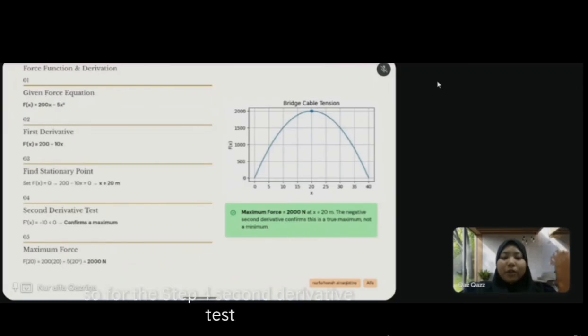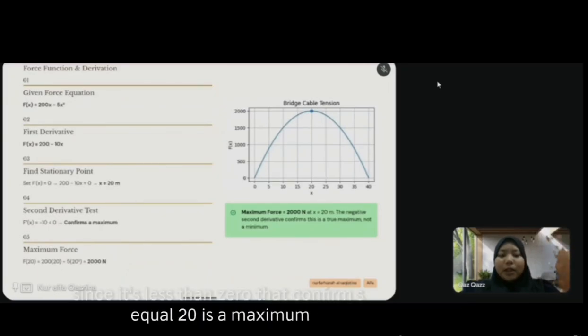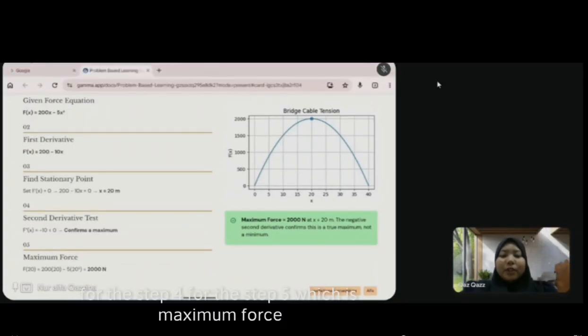For step 4, the second derivative test, we differentiate again, and we get f double prime of x equals negative 10. Since it's less than 0, that confirms x equals 20 is a maximum, not a minimum. For step 5, the maximum force, we plug x equals 20 into the original equation.